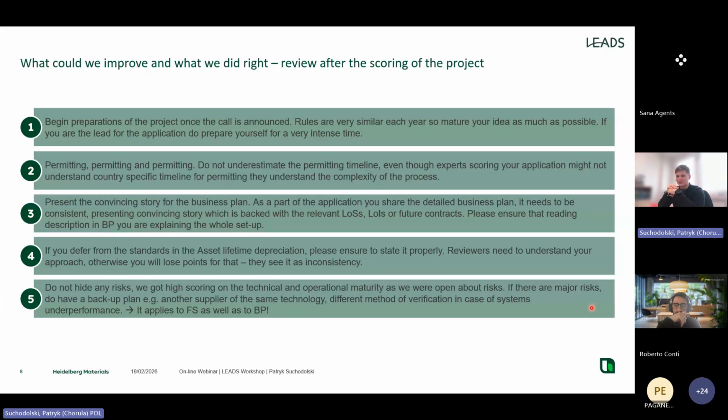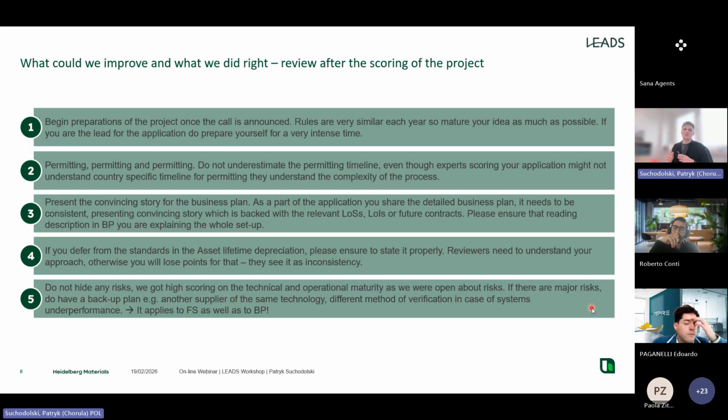Once the call is announced, let's ensure that you have the first idea, you have these meetings with your partners, because later on it will be much more intense than it should be, and you need to mature your idea as much as possible, because again, a credible, trustworthy story about your project implementation. It's not only about the innovation, but it is also about the implementation of the project.